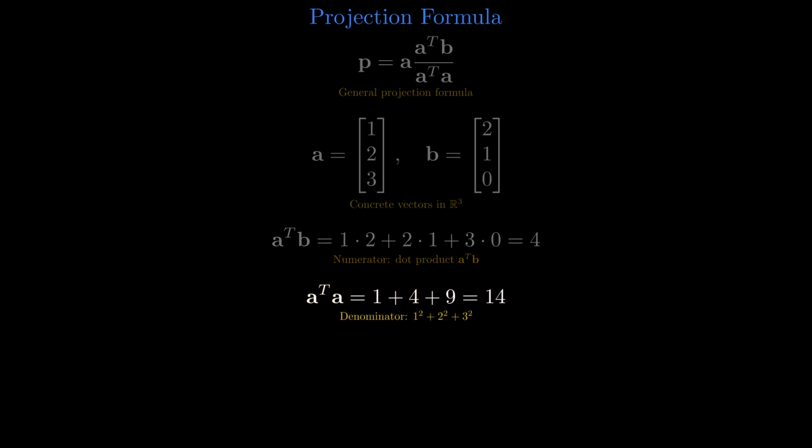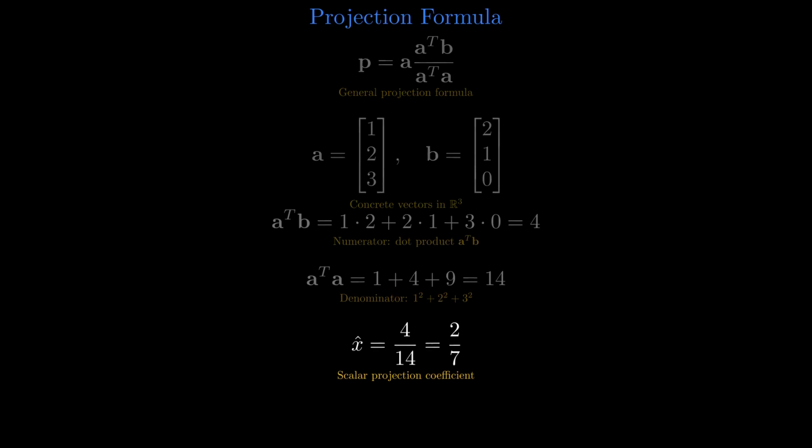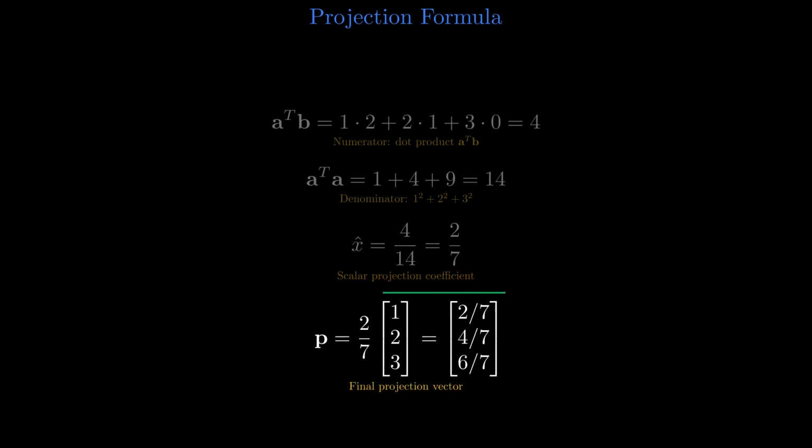Next, compute A transpose A. 1 squared plus 2 squared plus 3 squared equals 1 plus 4 plus 9, which equals 14. So x hat equals 4 over 14, which simplifies to 2/7. Finally, the projection is P equals 2/7 times the vector 1, 2, 3, giving us the vector 2/7, 4/7, 6/7.